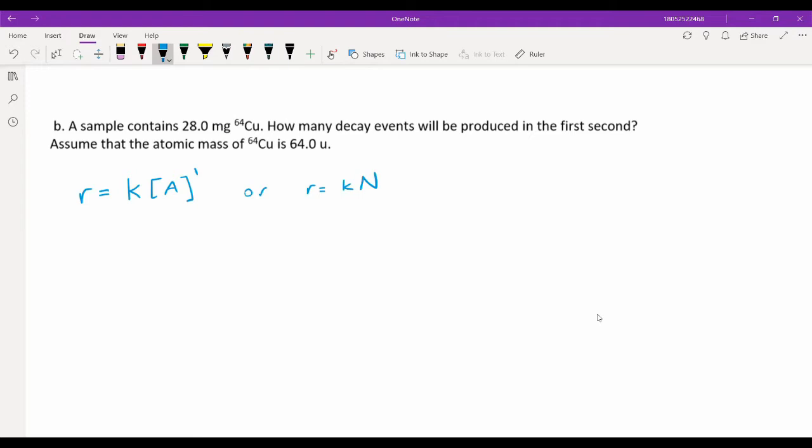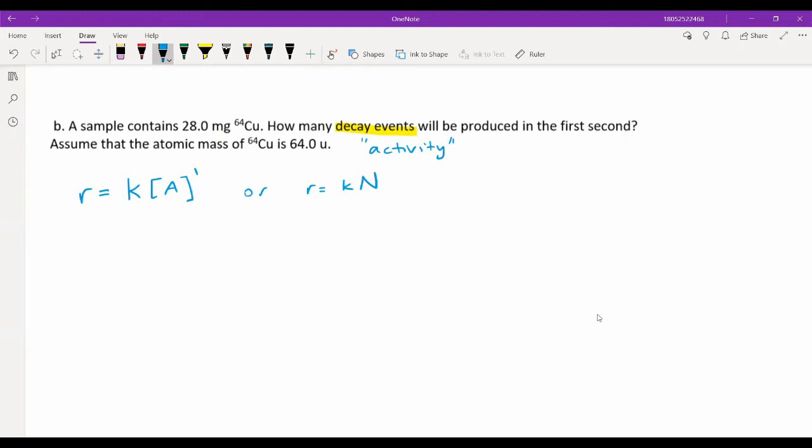When we're dealing specifically with nuclear reactions and these decay events, this is also what's known as the activity. The nuclear activity is essentially how many nuclei are decaying. And from a conventional unit standpoint, they like to use seconds as the time unit.